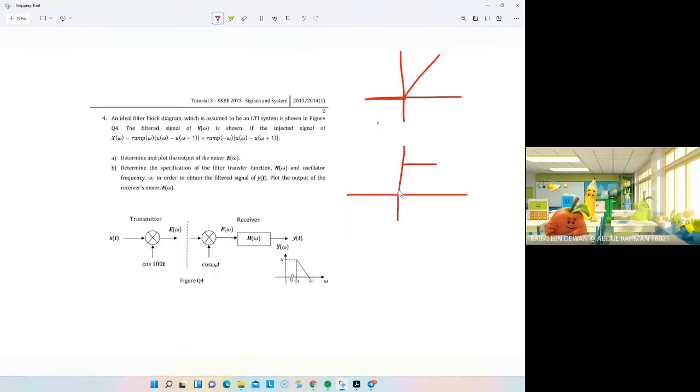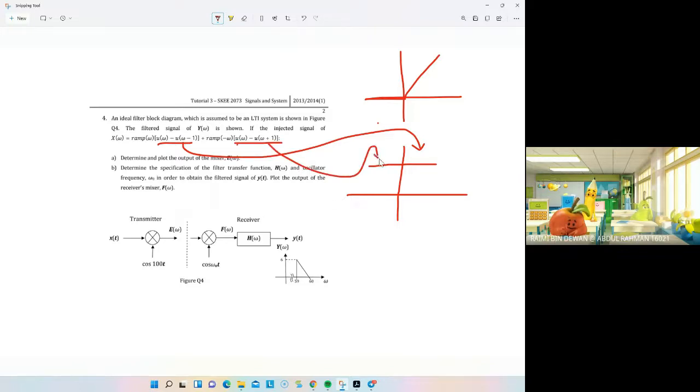So this one minus this one, so you have this one, and then this one.